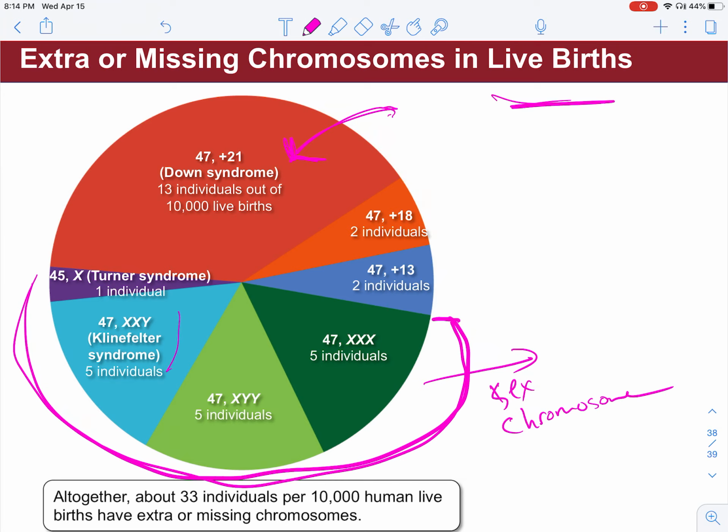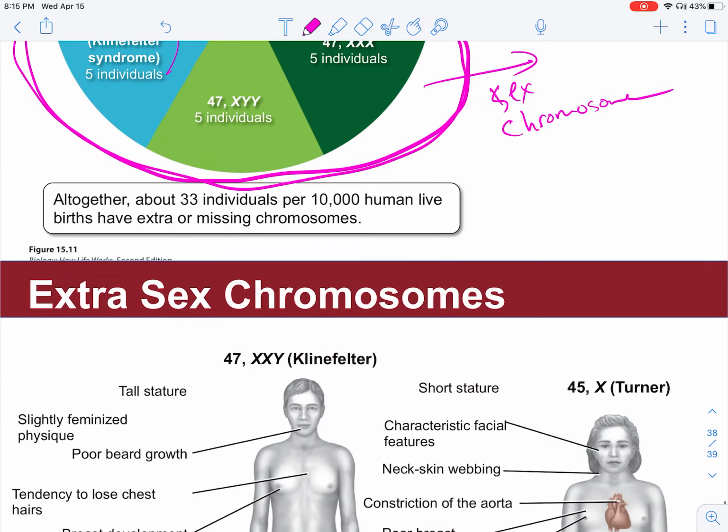There are some issues. Single X is Turner syndrome, XXY is Klinefelter syndrome, and so forth. And you see here trisomy 18 and trisomy 13, you only get a small proportion of the number of live births.